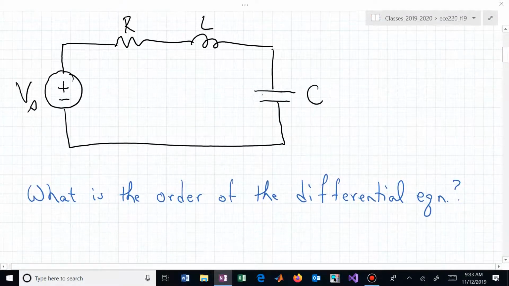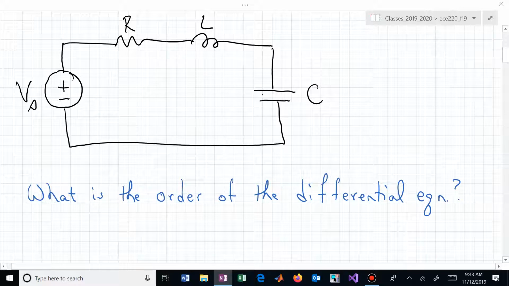What are you expecting your resulting differential equation to be? If this one differential equation describes the dynamic behavior of this circuit, what do you expect that differential equation's order to be? Second order.